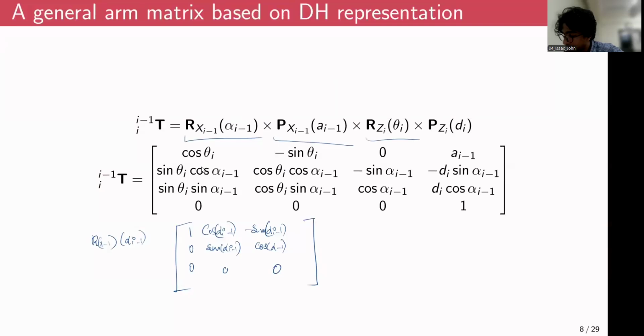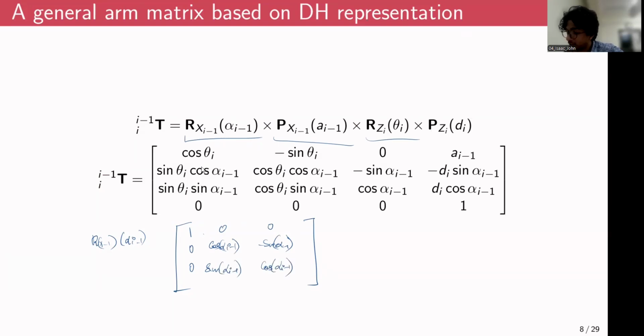Sorry. The transformation matrix for pure rotation about the x-axis should look something like this. The cos alpha i minus 1 should be here, minus sine alpha i minus 1. Yeah. Then sine alpha i minus 1, cos alpha i minus 1.